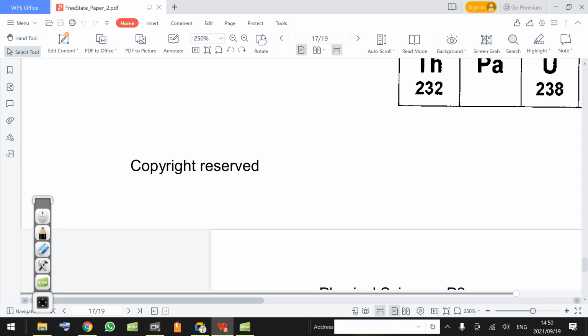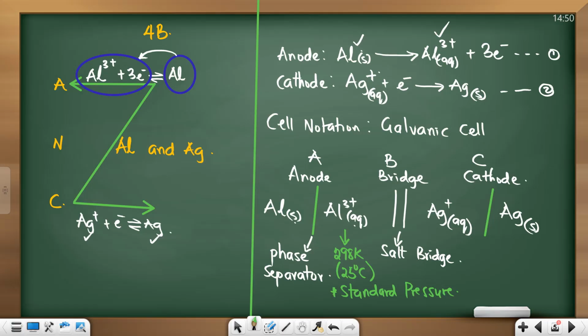We have reserved the right for you to copy from the formula page. Okay. All right. So please let's take note. So standard pressure is either you write 1 atm, 1 atmosphere, or you write the value on the table there. And this is only applicable, you only write this when we have a gas in the mix.